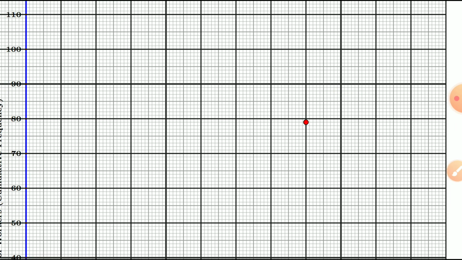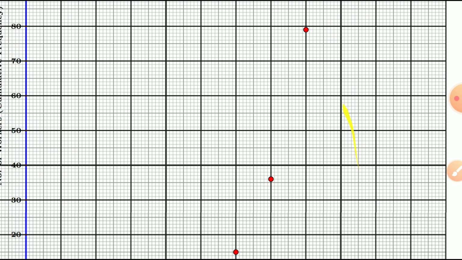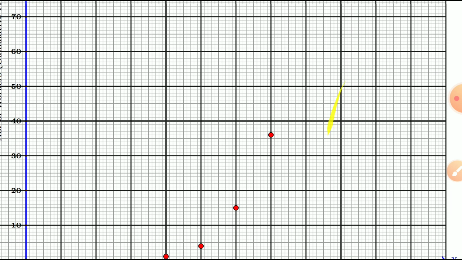This point is corresponding to the point 80, 79. 79 is confirmed and 80 is also confirmed.